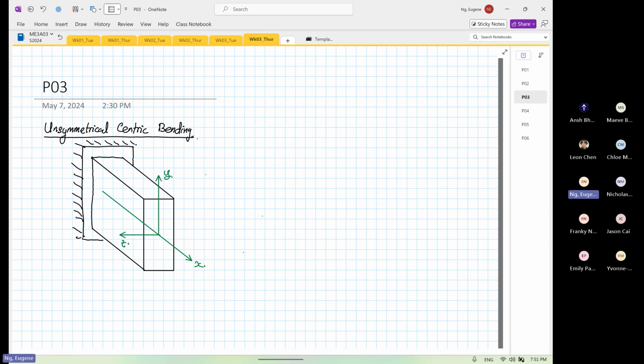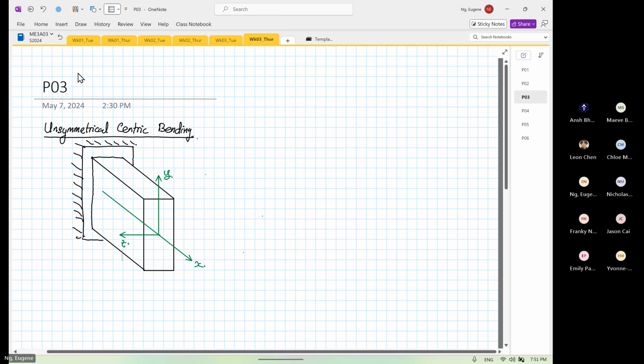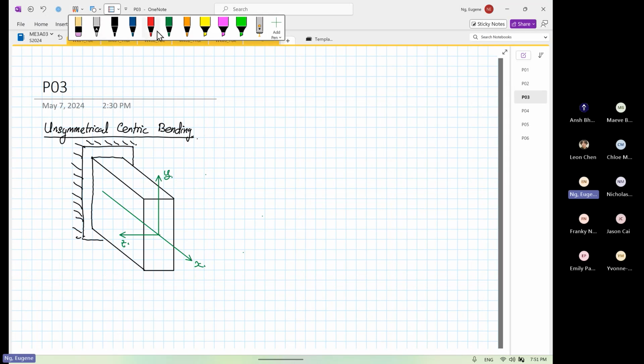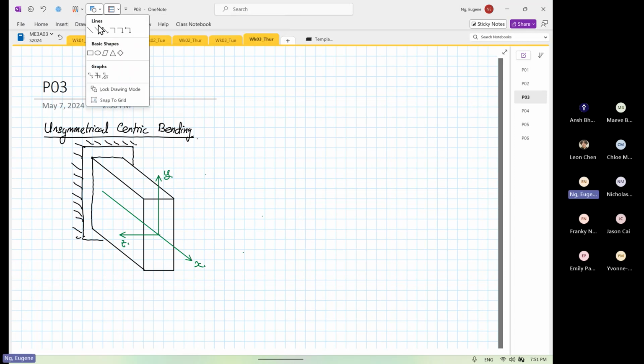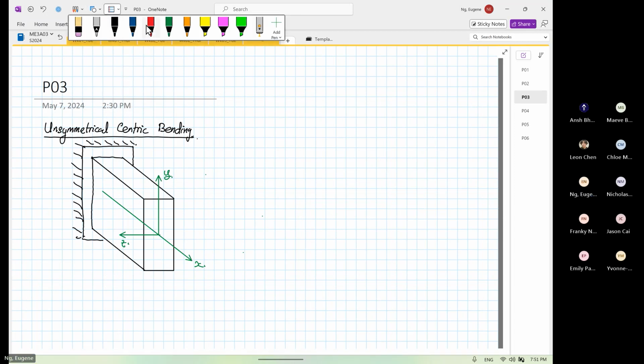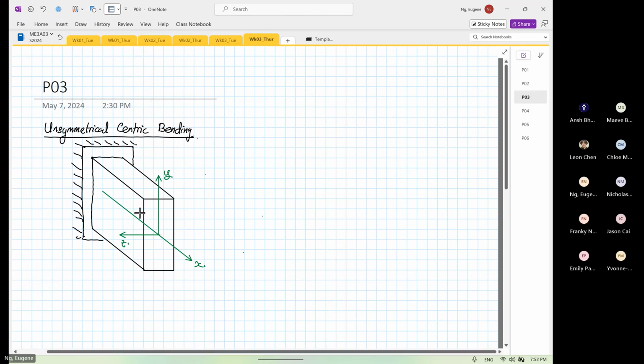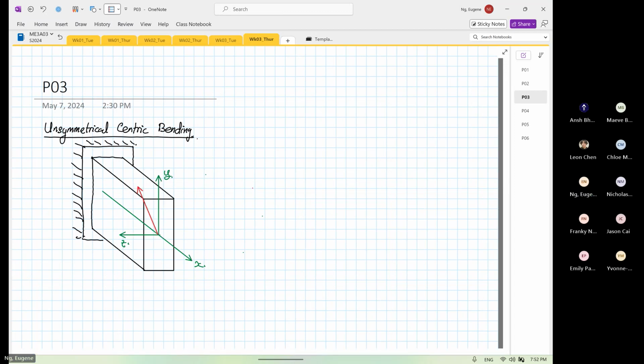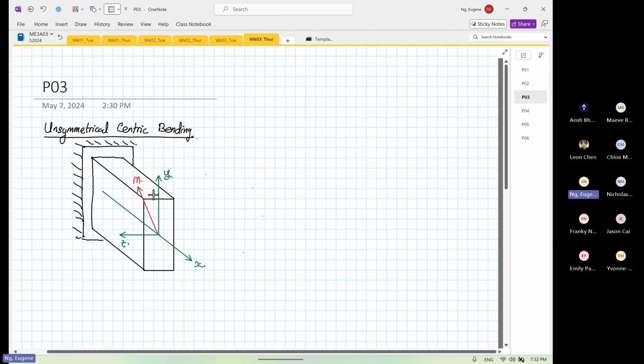Then we have an applied moment, and the applied moment is such that... So this is the applied moment, M. I wonder how I can draw this.